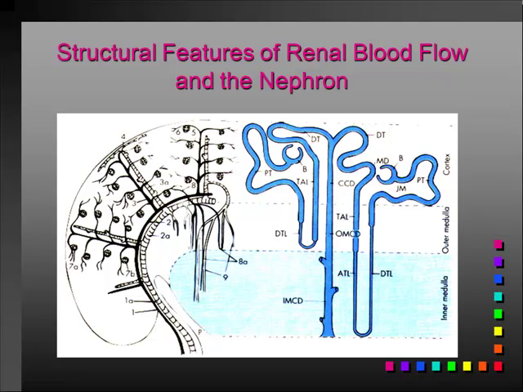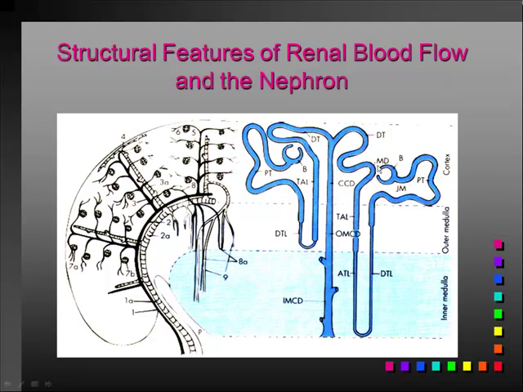Then as you get right here, at the junction of the outer medulla and the inner medulla, the morphology again changes from thin to thick, and this is the thick ascending limb as we're coming up the outer medulla into the cortex. Notice right here that this portion of the thick ascending limb comes right by its glomerulus and the afferent and efferent arteriole.